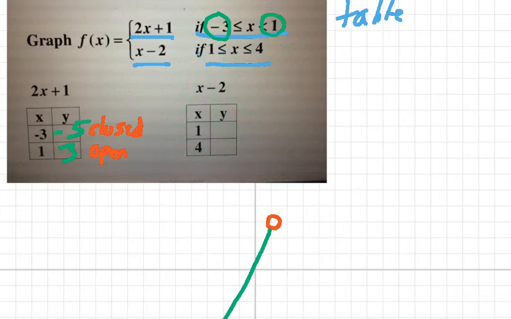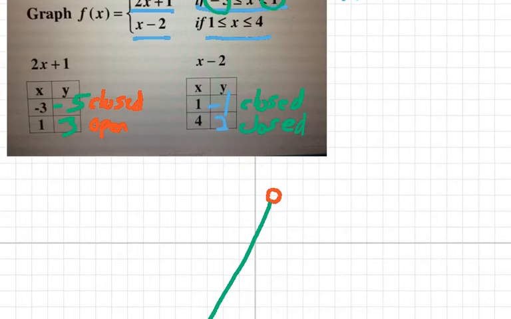The first one's going to be closed, and the second one's going to be closed, because we have the equal to symbol. So plug in 1 for x, 1 minus 2 is negative 1. Plug in 4 for x, 4 minus 2 is 2.